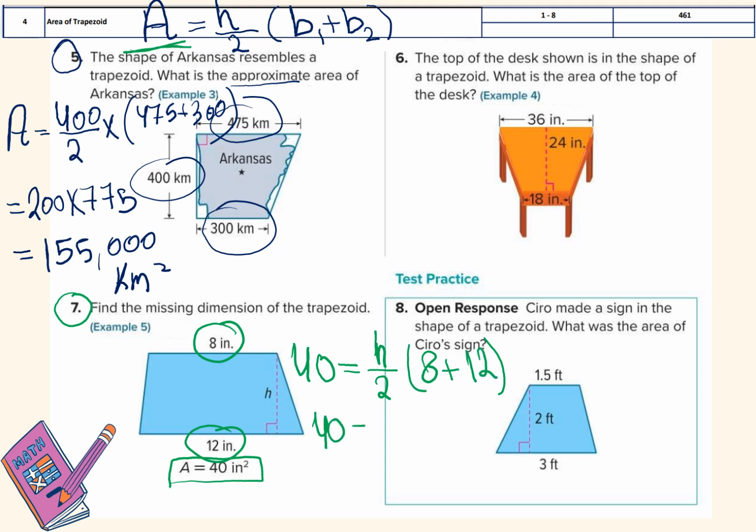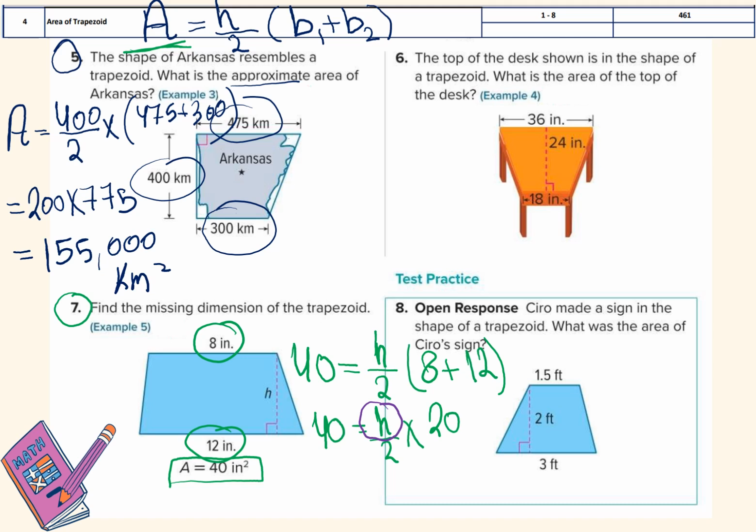Let's simplify. H over 2 times 8 plus 12, which is 20. My goal here is to find the value of H. To find the value of H, we need to isolate it. We need to make it alone on one side.